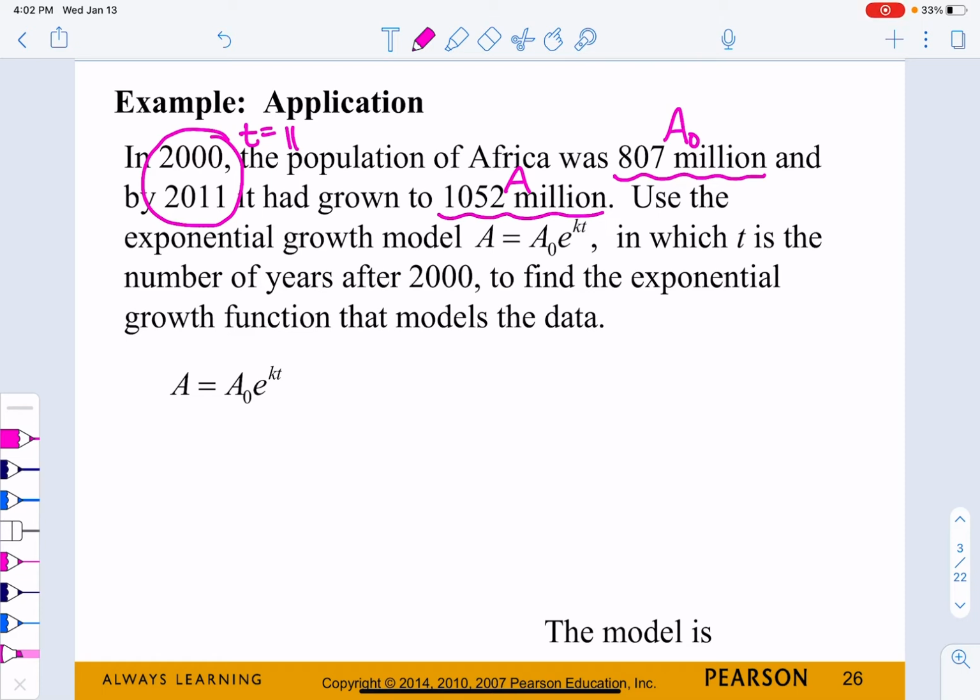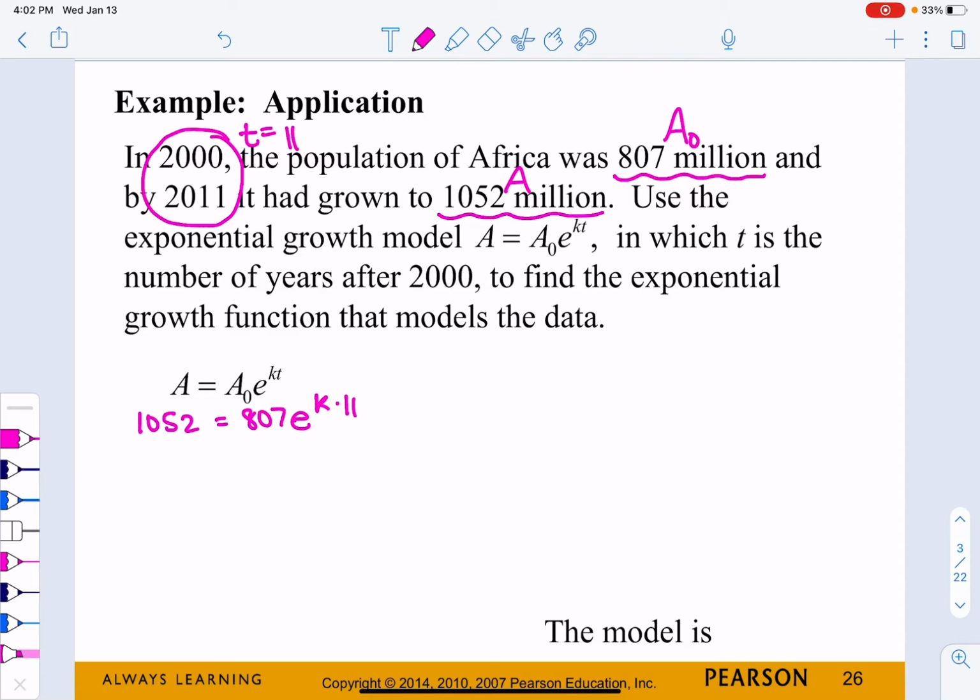Our A value is 1052, equal to our a sub 0 of 807 times e raised to the kt. The k value is what we don't know, so that's what we're going to solve for. We have k times our t, and t is 11. We need to figure out that k value in order to write out the model.